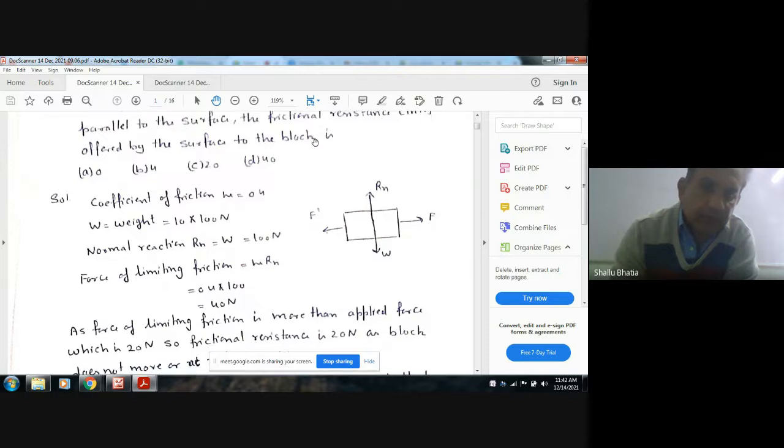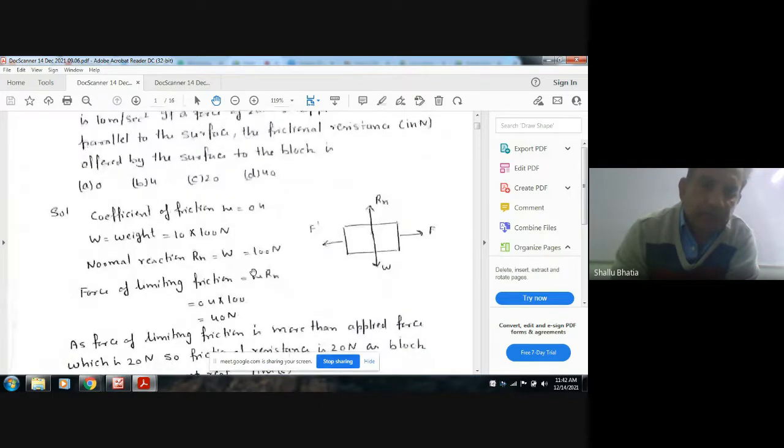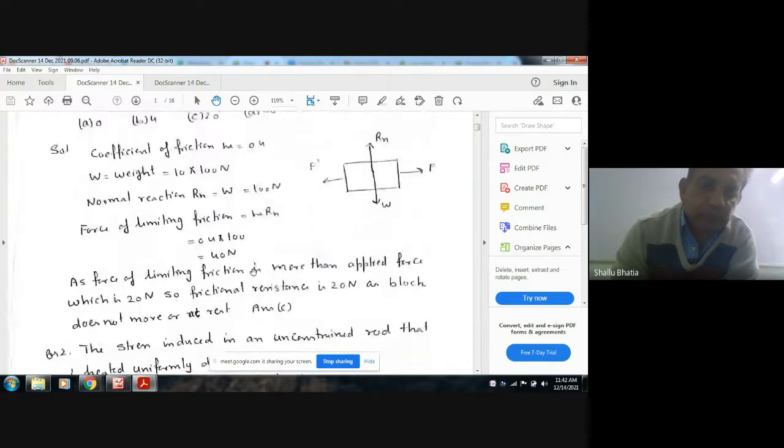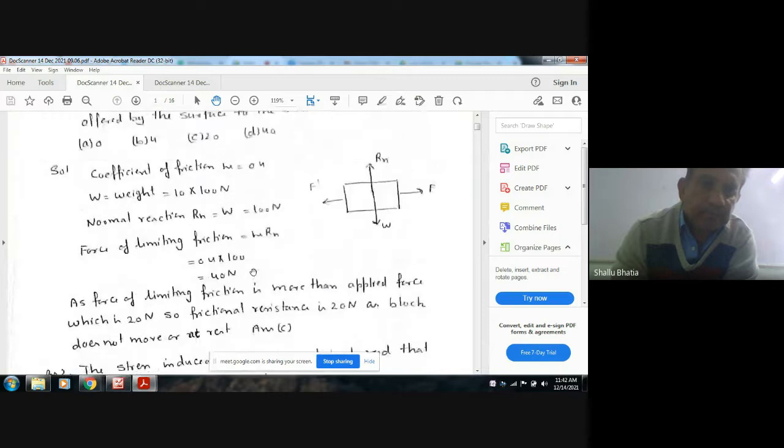So Rn is 100 and the force of friction is 0.4 into 100, that is 40 Newton. But the applied force is 20 Newton, so it is a case of static friction. So the force of friction will be 20 Newton. So the answer will be C.